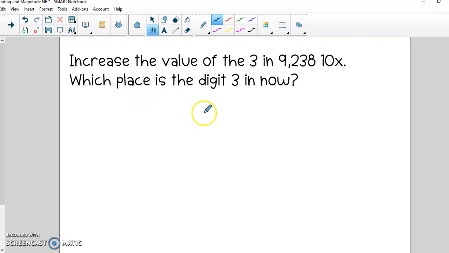Let's look at example number 2. Example number 2 says increase the value of the 3 in 9,238. So if we rewrite 9,238 and increase, we're getting bigger, so that means we're moving to the left. But we're only moving 10 times. How many zeros are in 10?